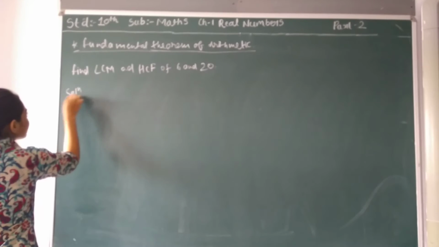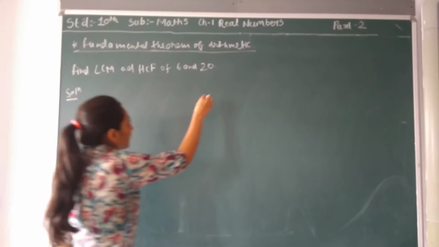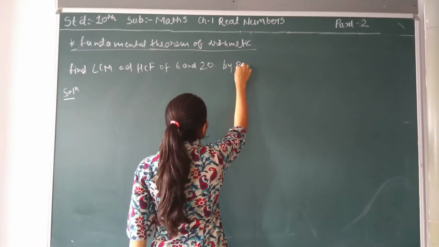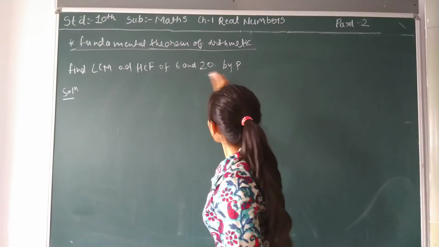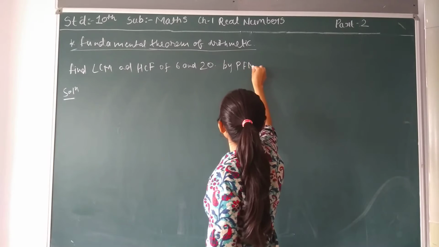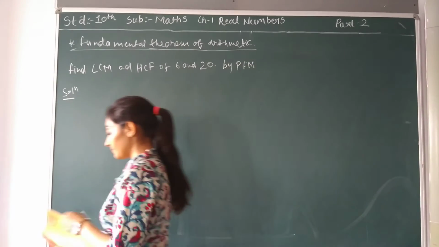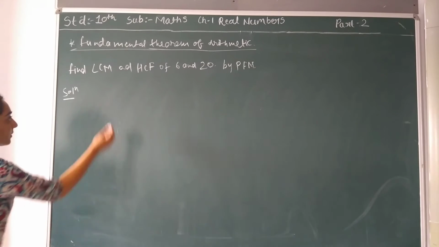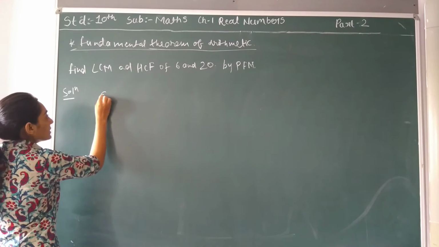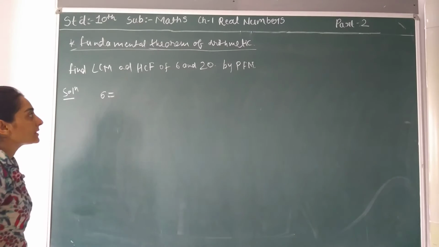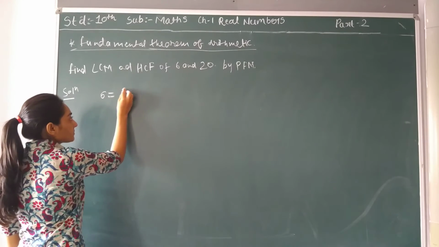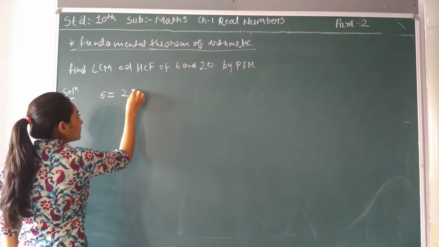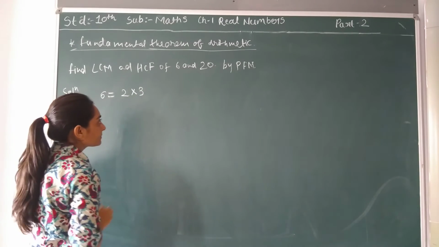Okay, now the LCM by the prime factorization method. The prime factors of 6 are 2 and 3.